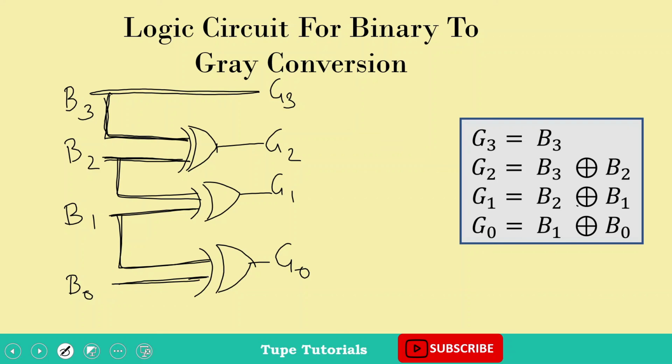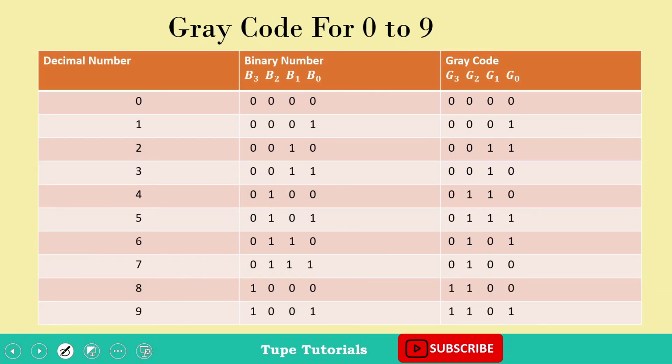Now after this we will see the gray code from 0 to 9. These are the binary representations of the decimal numbers 0 to 9. This is a 4-bit representation, and the corresponding one is the gray code which is calculated using that formula for the numbers 0 to 9. We have seen 5 and 12.